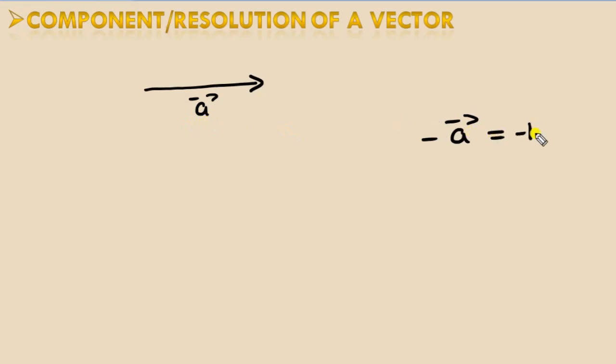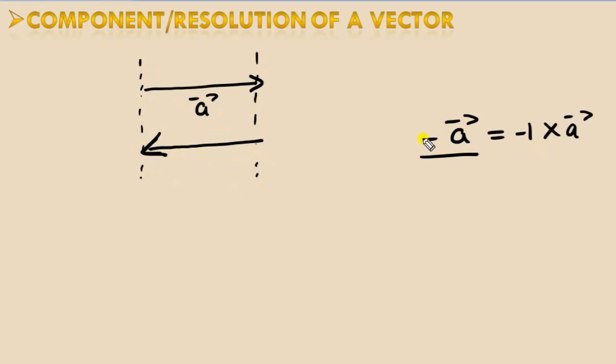Minus vector A is nothing but minus 1 into vector A. That means a vector, the magnitude of which is the same as that of vector A. That means the length of the arrow representing minus vector A will be the same as that of the arrow representing A. Okay, but its direction would be reversed because it is minus vector A. The negative sign appearing in minus vector A only shows that its direction is opposite to that of the direction of vector A.